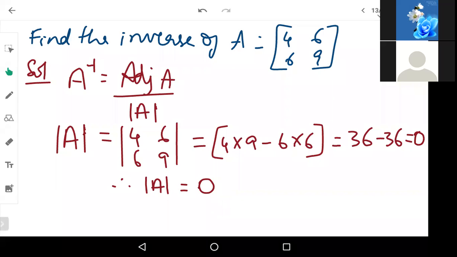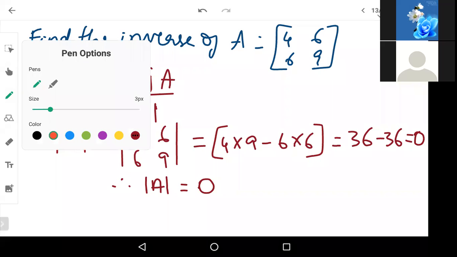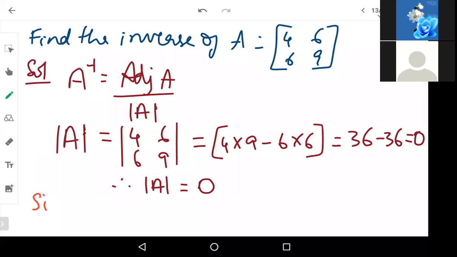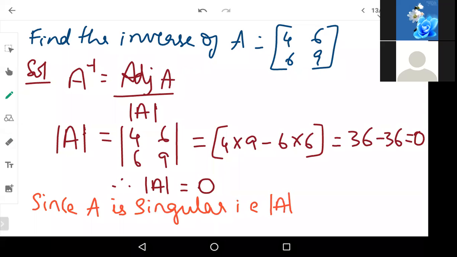Very good. So just write the conclusion saying that since A is a singular matrix, that is determinant of A is equal to 0, therefore A inverse does not exist.